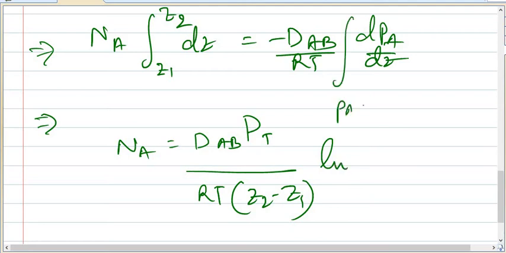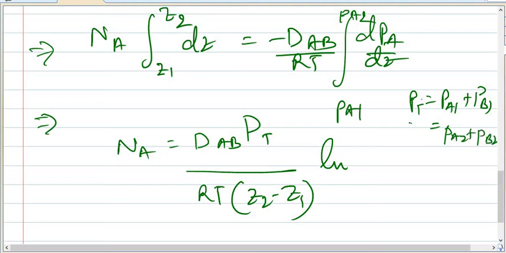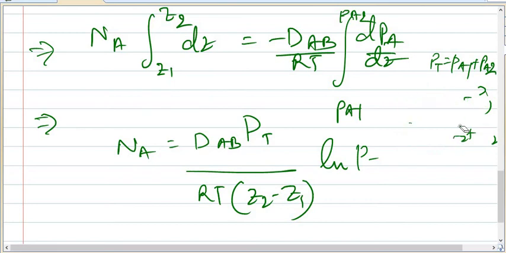So the total pressure PT can be written as PA1 plus PB1, or it can be written as PA2 plus PB2. Now, if we solve this integration, we find ln of (P minus PA2) divided by (P minus PA1).